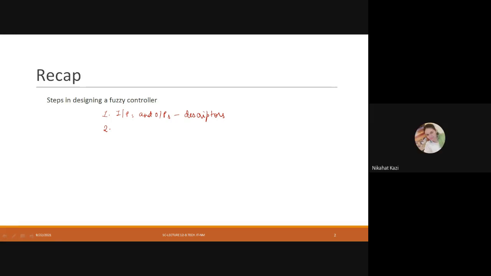You define the membership functions, right? You need to form fuzzy sets out of these, right? So you define the MFs for all the inputs and outputs. Once your MFs are ready, what is the next step?